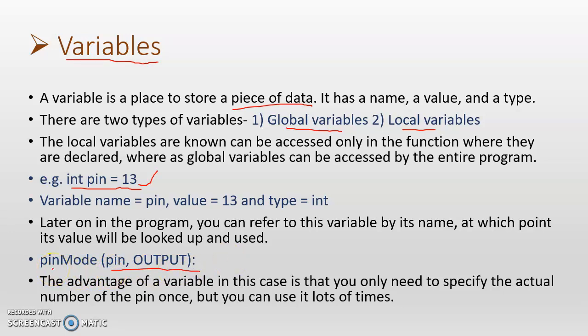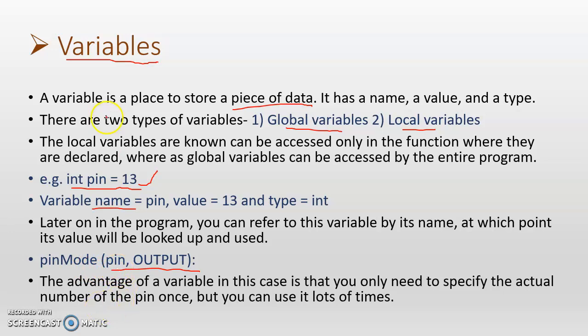By using this command, we can set this particular pin number to output. And what is this pin? This is the variable name, and we have defined this variable pin initially as 13. So 13 will automatically be looked up here and used. So this command becomes pinMode(13, OUTPUT). So this will set pin number 13 as an output pin.